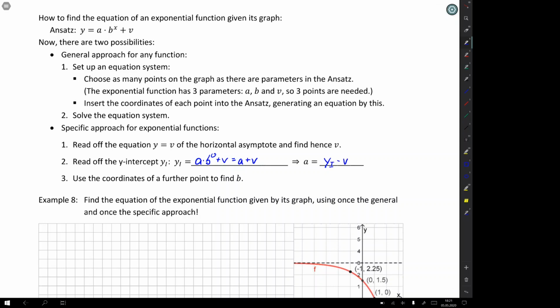And then we can use the coordinates of any other point lying on the graph to find the last remaining parameter b. Let's do that using example 8.